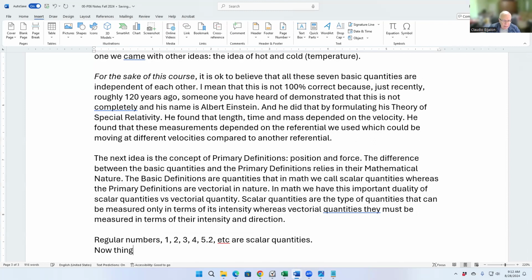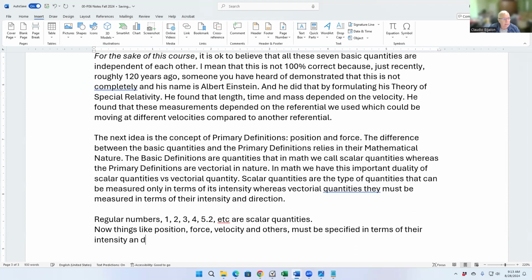Now, things like position, force, velocity, and there are others, must be specified in terms of their intensity and their direction.